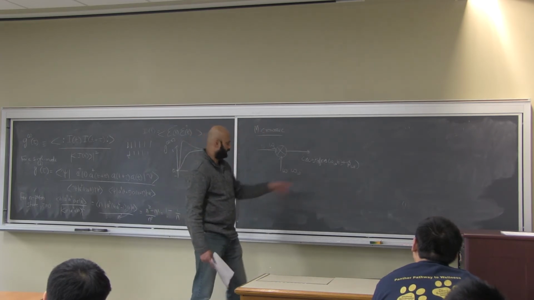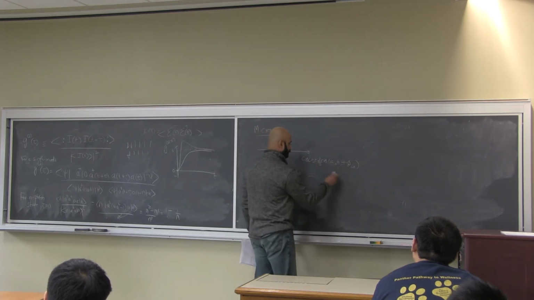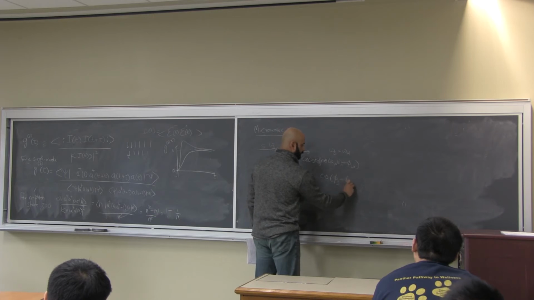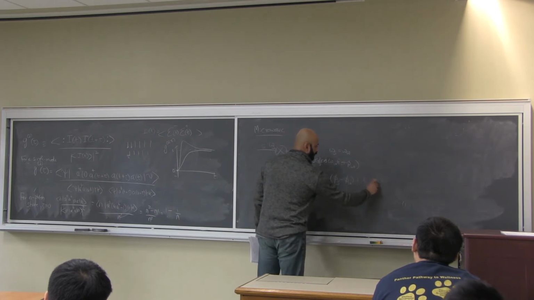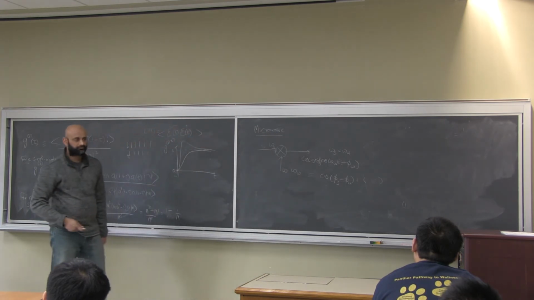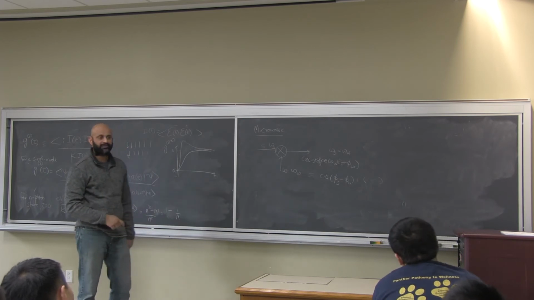Easy enough to write. Let omega S and omega LO be equal. Then the output is cosine of phi S minus phi LO, plus some terms that are going to be at double the frequency. Or maybe it's sine, whatever. Use the trigonometric identity, okay?